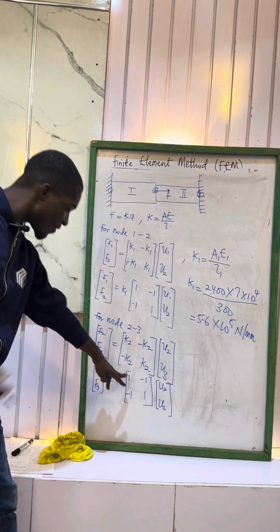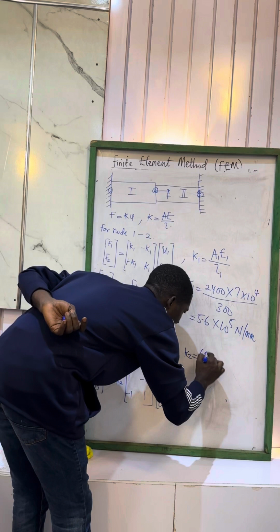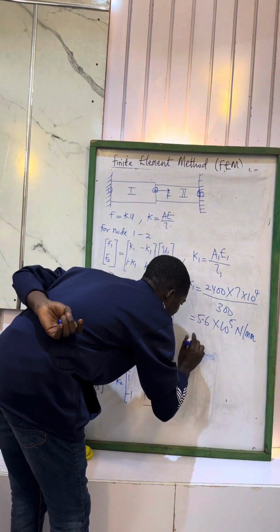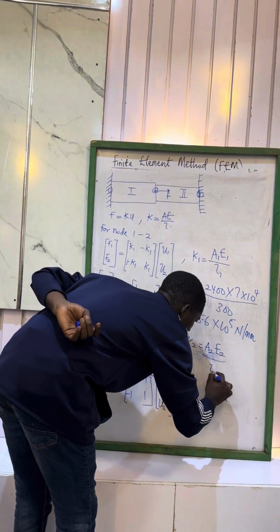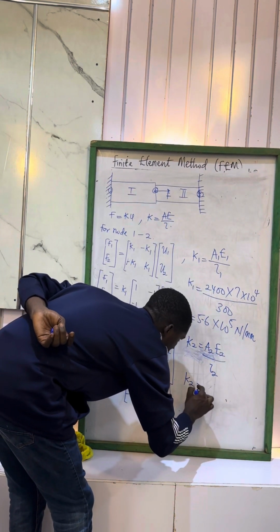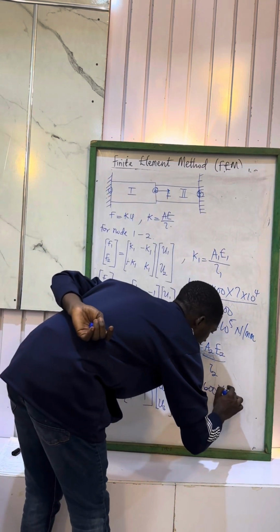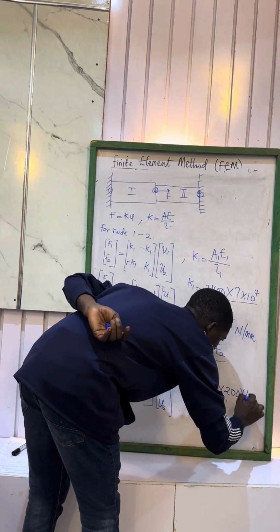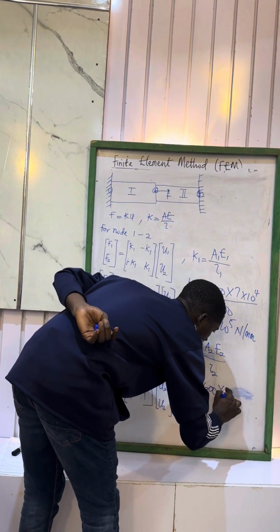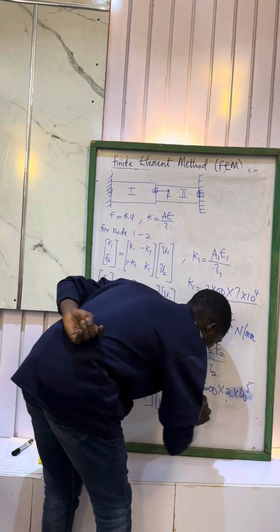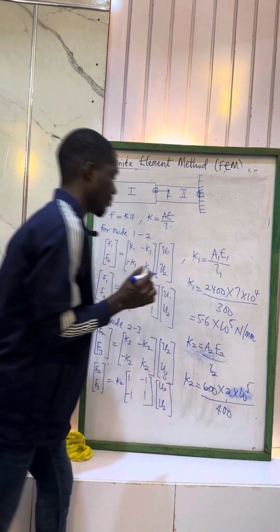Now, what can I do? I can find my K2. K2 equals A2 E2 over L2. Then K2 equals 600 times 200 times 10 raised to the power, which I have converted back to 2 times 10 raised to the power 5, over the length, which is 400.